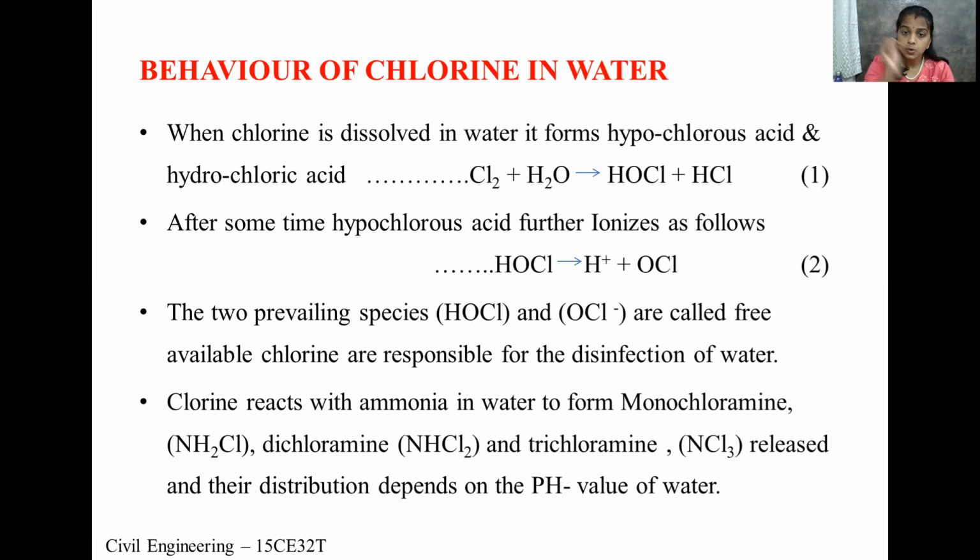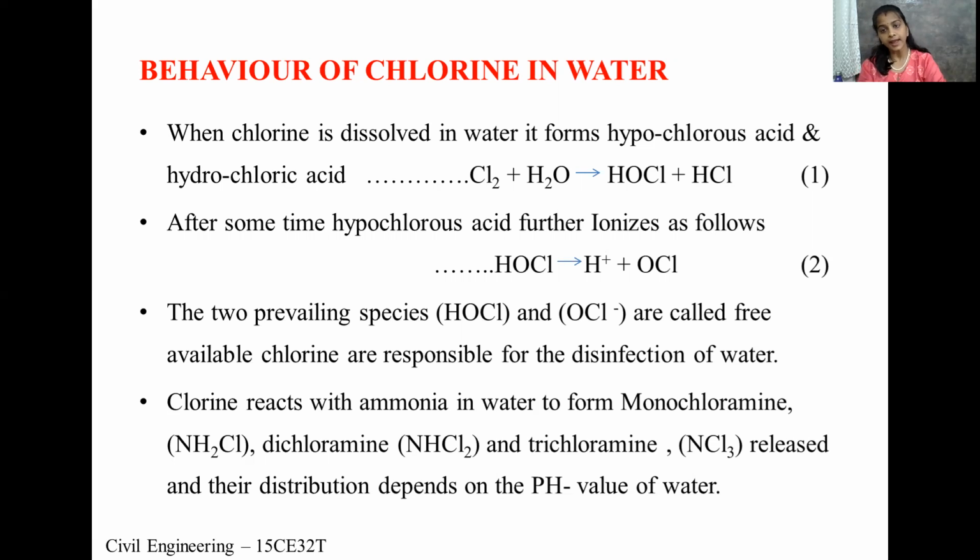This is the second reaction. The two prevailing species, HOCl and OCl, are called free available chlorine, which are responsible for the disinfection of water. So HOCl and OCl both are responsible for the disinfection of water.